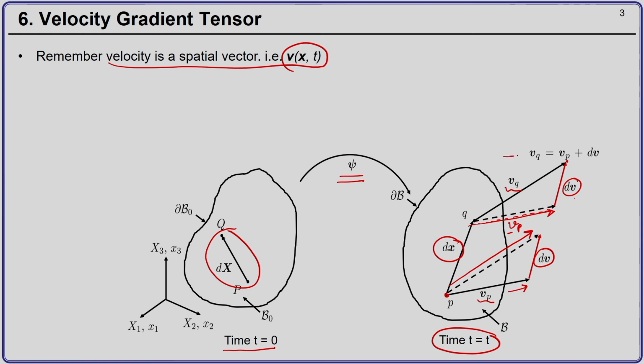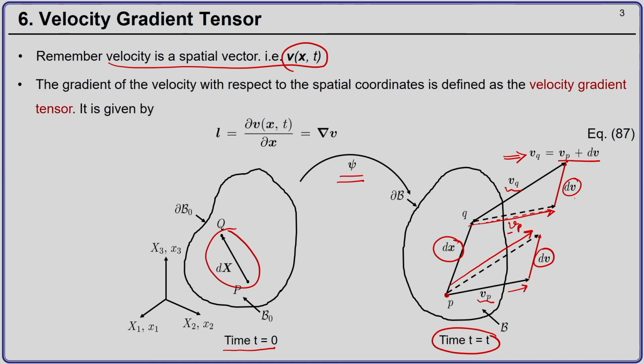So, the velocity of point Q will be the velocity of point P plus the relative velocity vector dV between point Q and P. The gradient of velocity with respect to the spatial coordinates is now defined as the velocity gradient tensor, denoted by lowercase l, and it is given by del v by del x, or in short you can write this as the gradient of velocity.